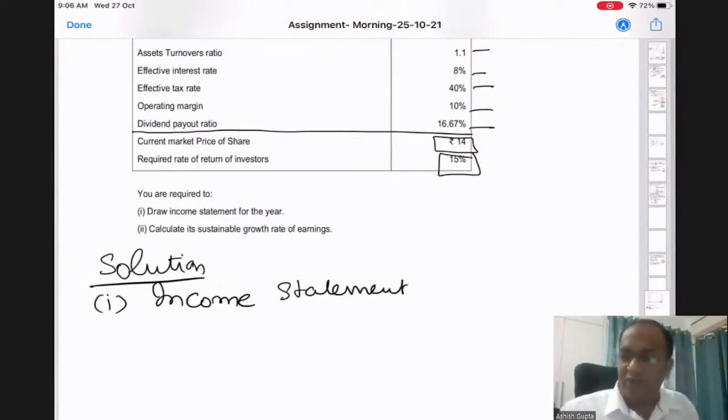From the data given, first of all we calculate the income statement.